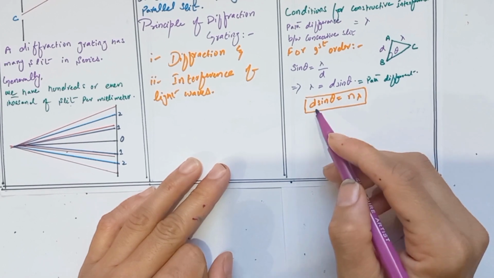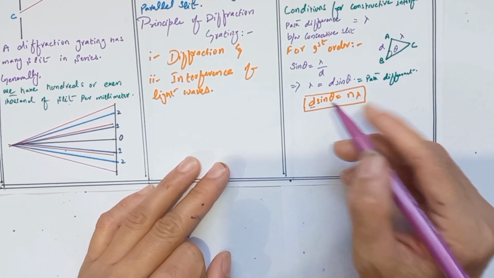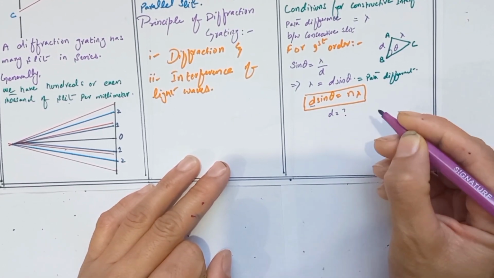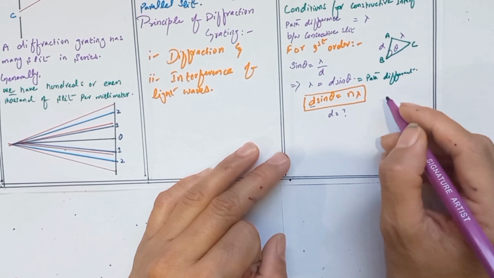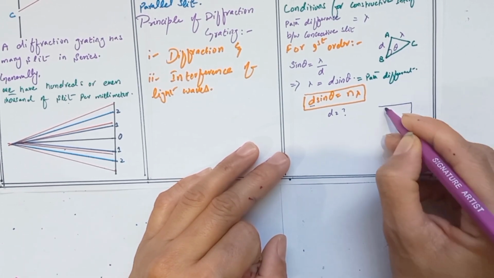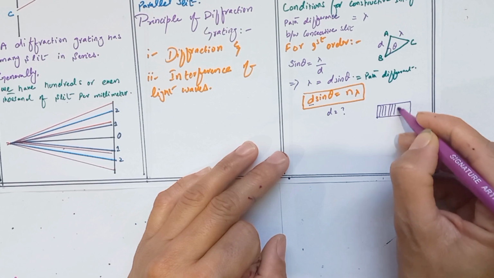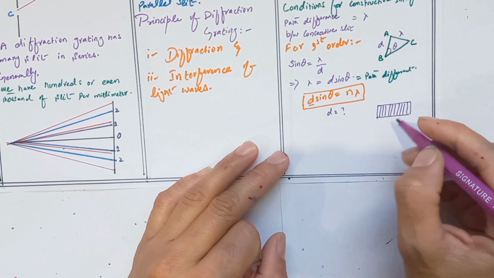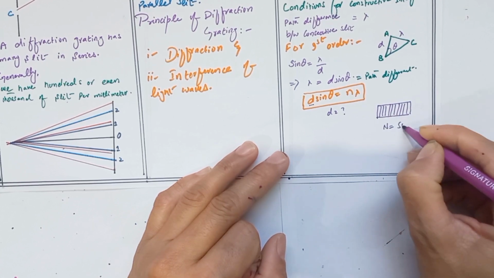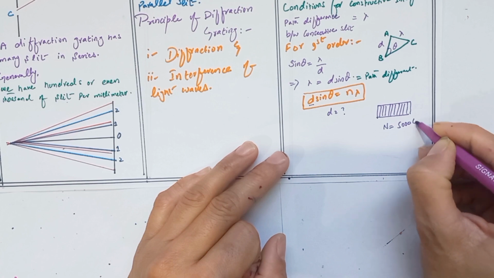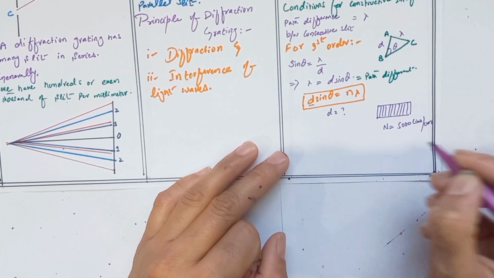But in the diffraction grating we do not know the value of D. How do we find D? We know that the diffraction grating is specified by the number of lines. Let's suppose that this number of lines is 5000 lines per centimeter.